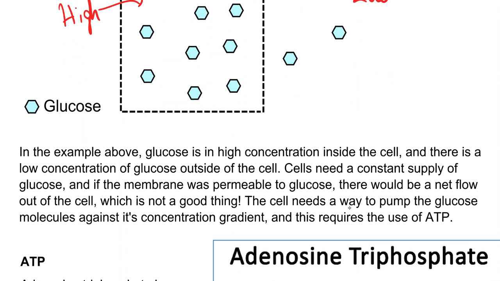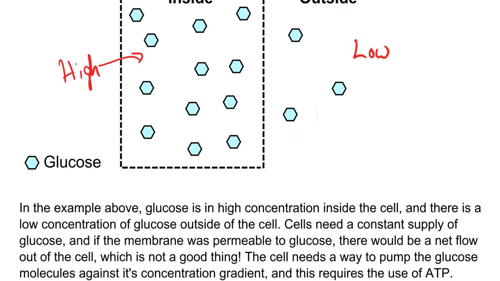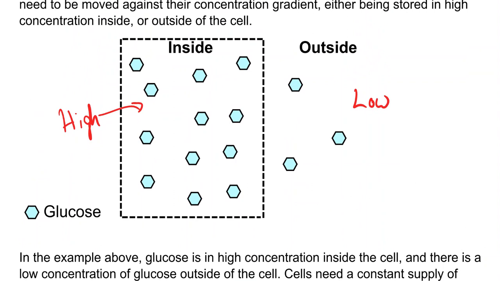The cell needs a way to pump the glucose molecules against their concentration gradient. This requires the use of ATP. So we want to take these glucose molecules and pump them inside the cell, and in order to do that, we have to use up ATP.